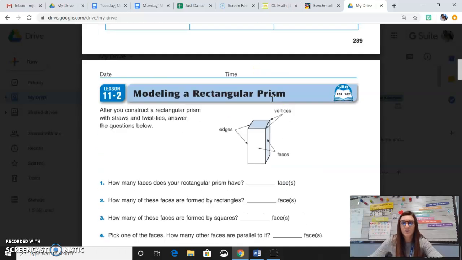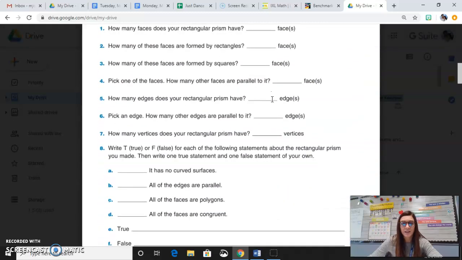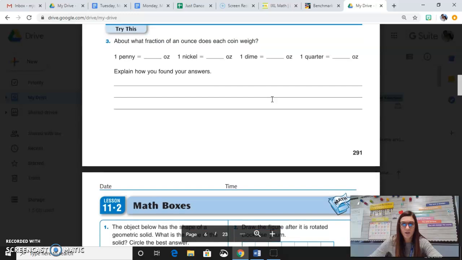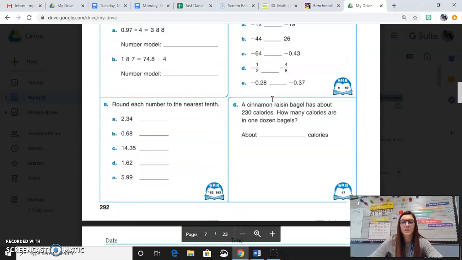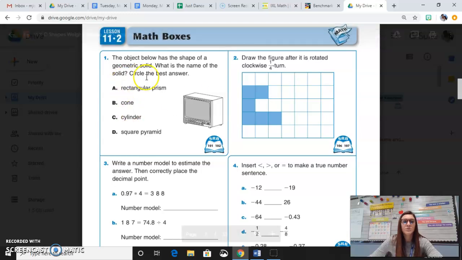Okay, so far you need to complete 288, 290, and then we're going to skip 291 and go to 292, which looks like this. The object below has the shape of a geometric solid. What's the name of the solid? Remember, the difference between a prism and a pyramid is that a prism goes straight up on the sides and a pyramid goes to a point.